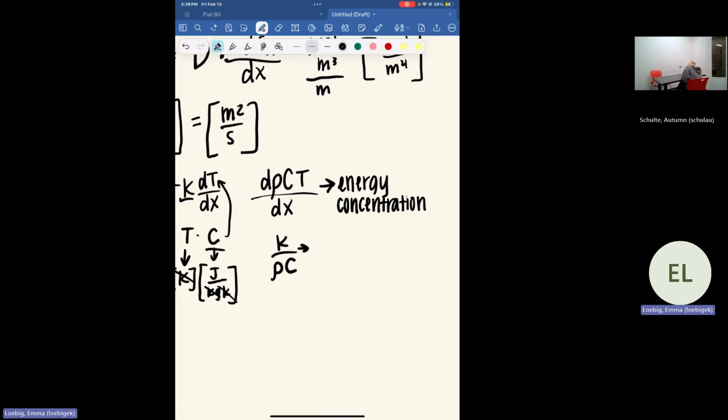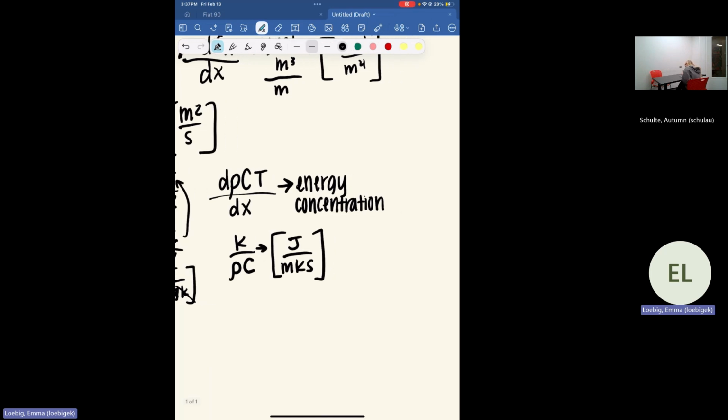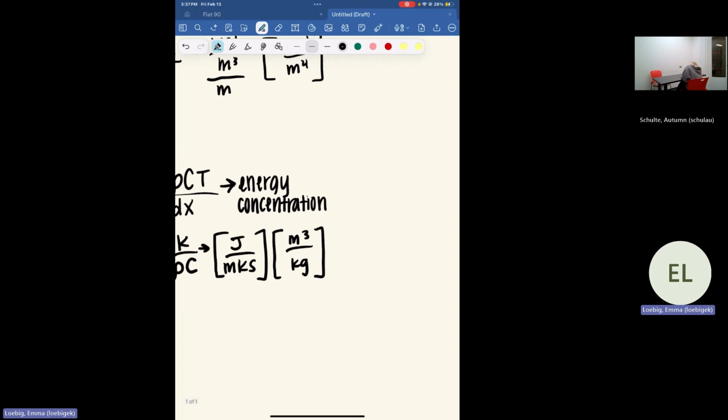As we said before, the units of thermal conductivity are joules per meter Kelvin second. Multiplying by the reciprocal of density and heat capacity, we're going to have this multiplied by meter cubed per kilogram multiplied by kilogram Kelvin over joules.